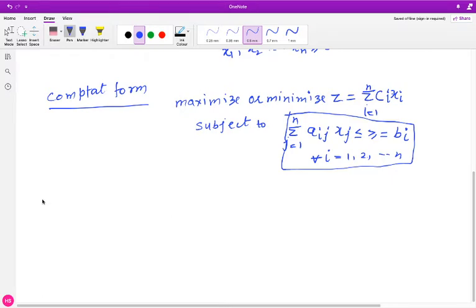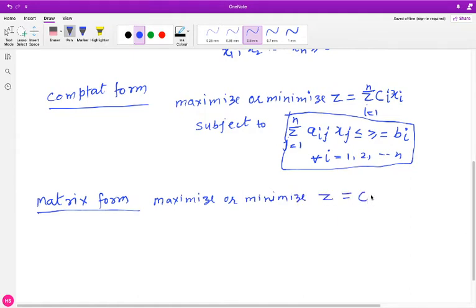In matrix form, this can be written as maximize or minimize z equals cx, subject to the constraint Ax less than or equal to, greater than or equal to, or equal to b.